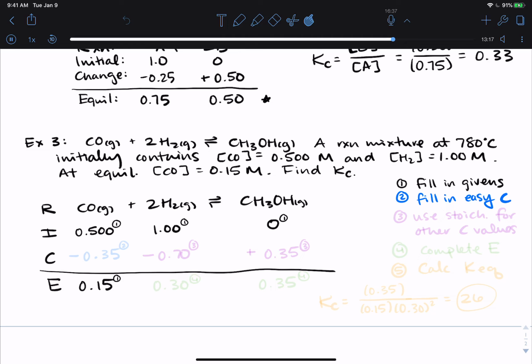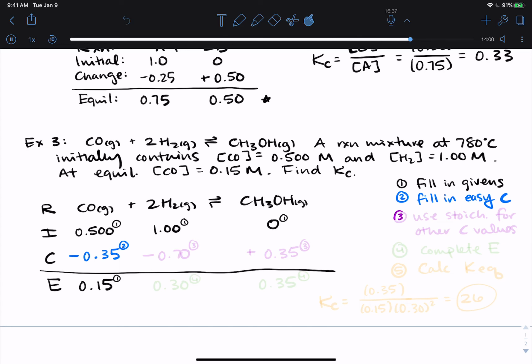So our CO starts at 0.5, goes down to 0.15, so it went down by, so I subtracted 0.35 molar, but remember, because it's all in the same container, we can add and subtract these just like they're moles. So this value that my CO went down by tells me, because of the stoichiometry of the balanced reaction, how much H2 I used up and how much CH3OH I made. So that's going to be my next step.